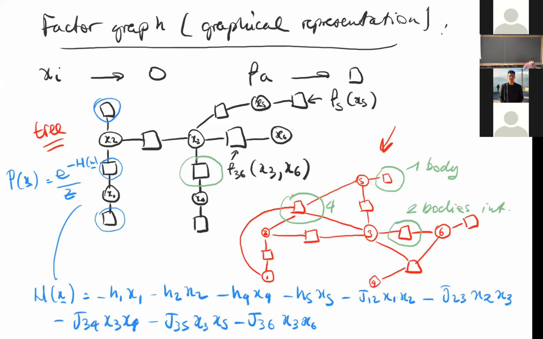For example, if you want to write things in terms of the factors, this factor is an exponential of minus h2 x2. If you prefer to think in terms of factors, the measure is just the multiplication of the factors.